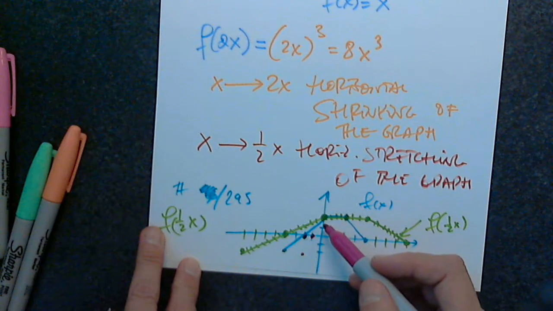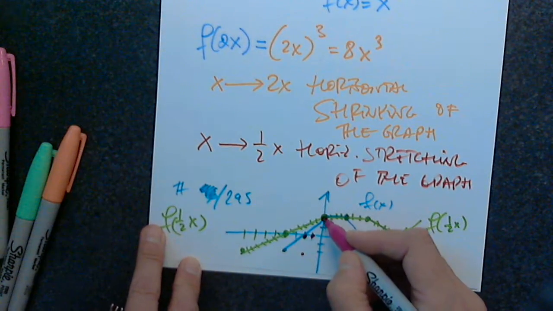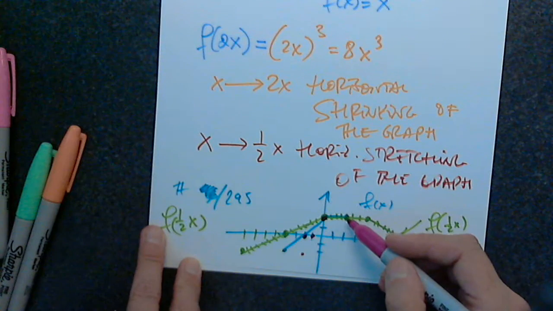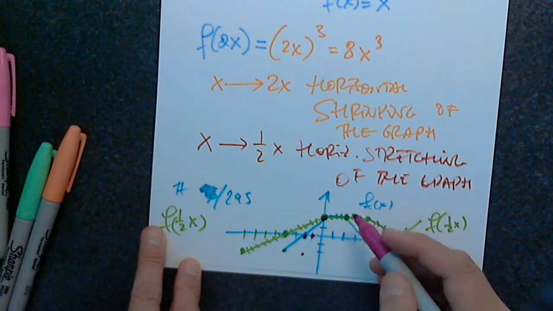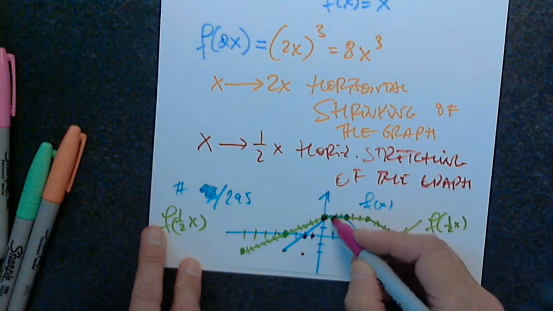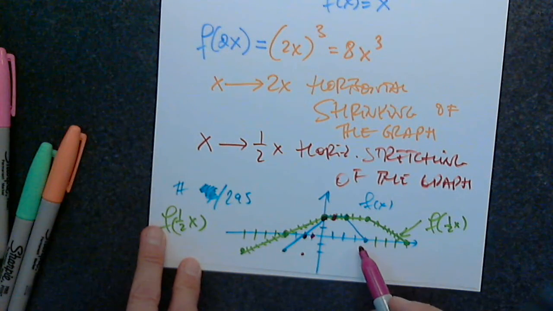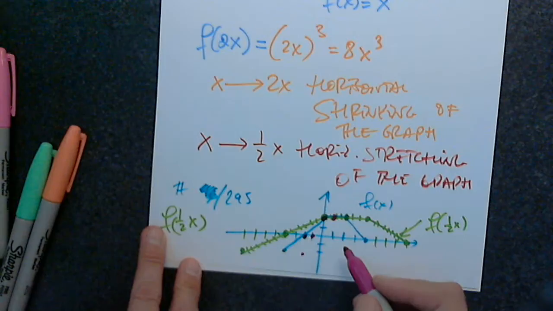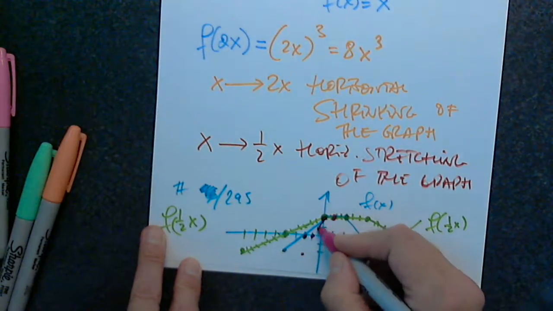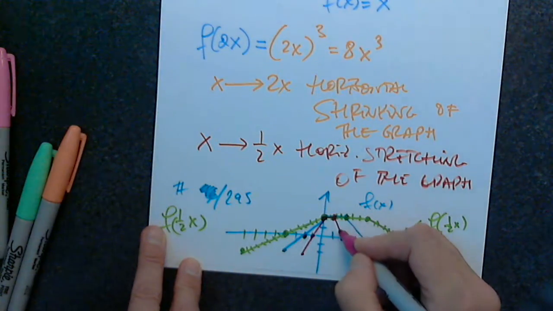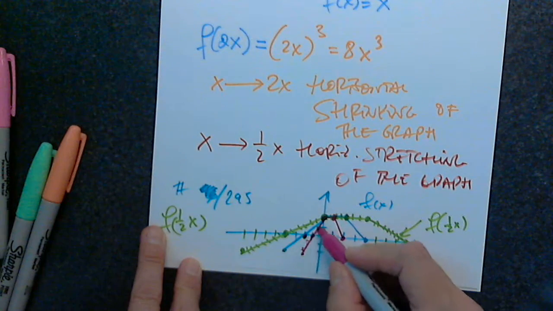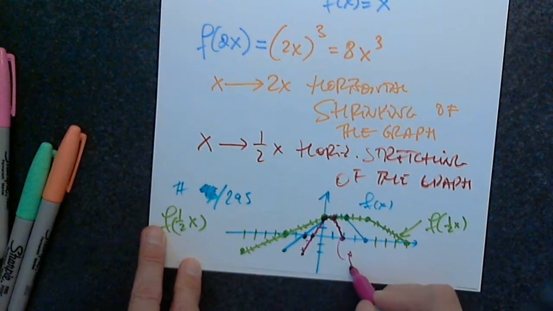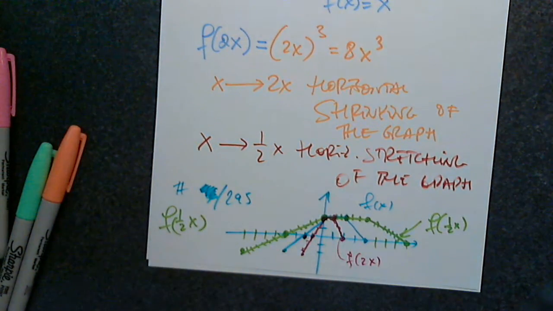Where will it go now? Very good. This point is at 2. Where will it go now? At 1. Very good. This point is at 4. Where will it go now? At 2. So this is the graph. This graph is f of twice x.